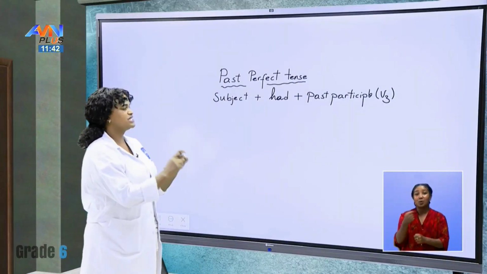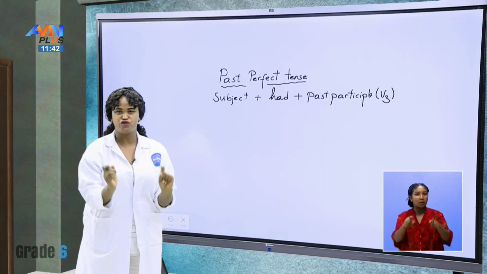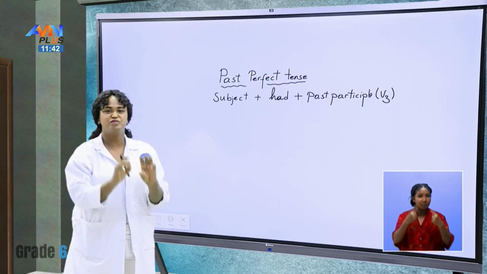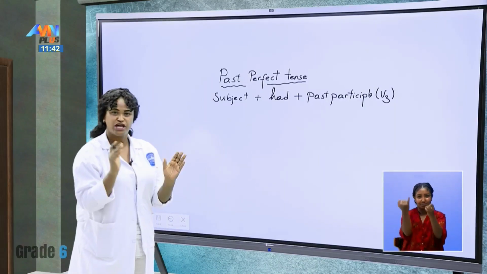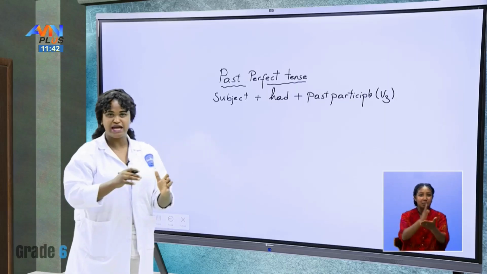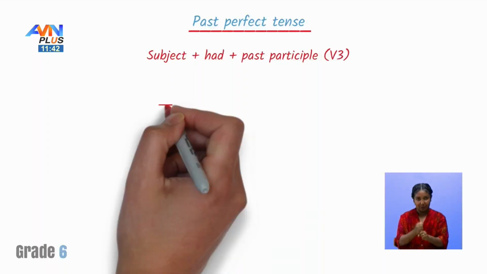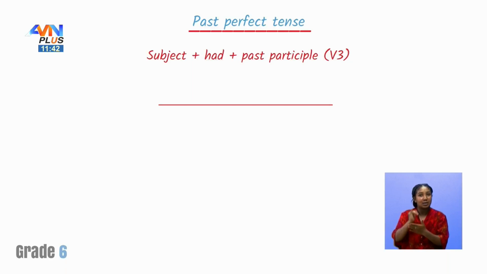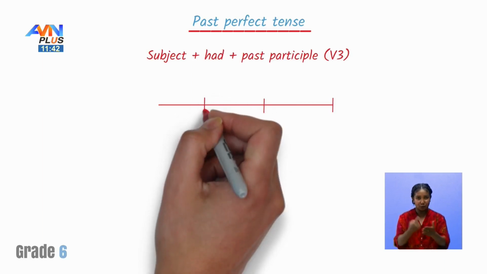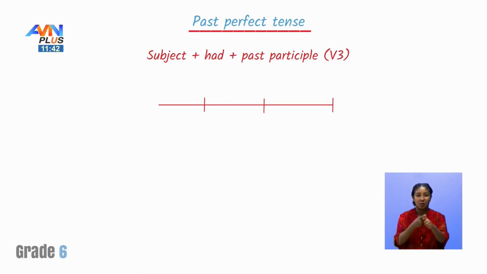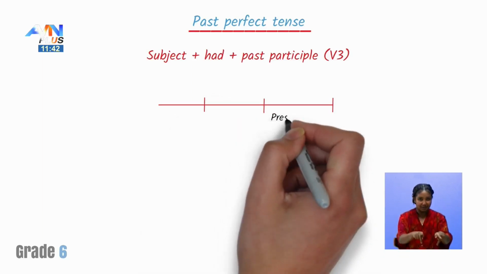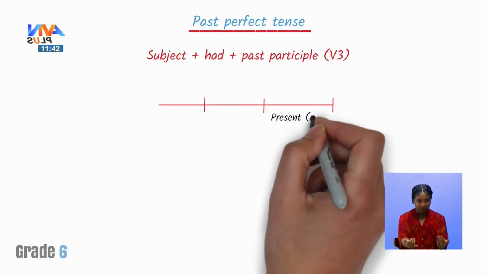And when we see the timeline of past perfect, if you remember last time, I tried to make a little picture which can show the difference between simple past and past perfect. Let me do that again. Let's assume that this is our timeline, all right? Then let us divide this into 3. The first one is present, or now.